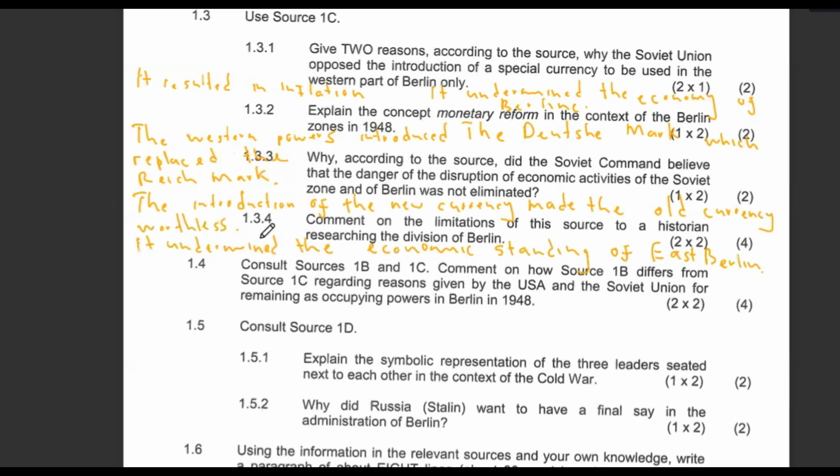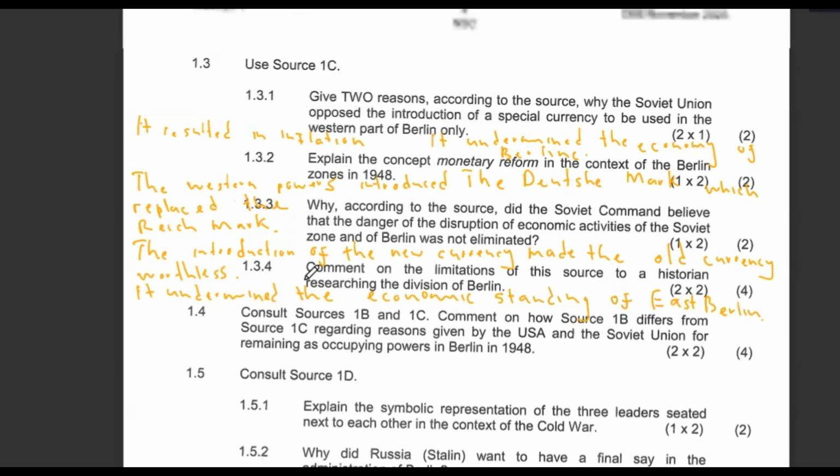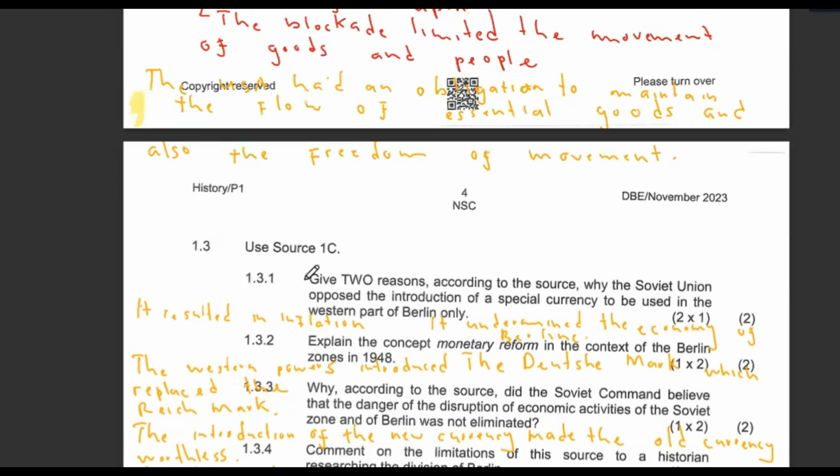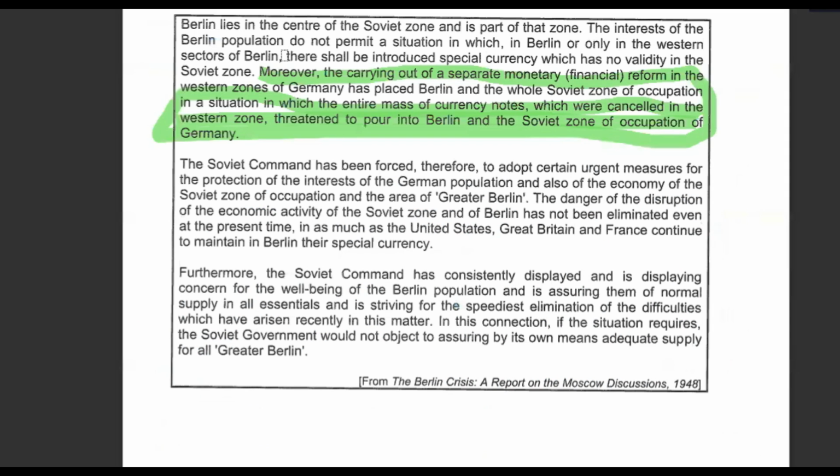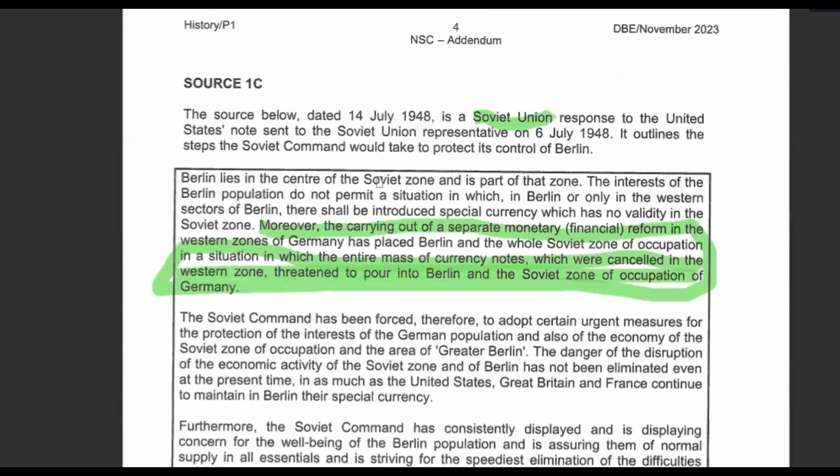Now, 1.3.4 reads, comment on the limitations of this source to a historian researching on the division of Berlin. Whenever you're analyzing the limitations of a source, you need to first look at where the source was taken from. If you go back to source 1C, this source, dated 14 July 1948, is a Soviet Union response.